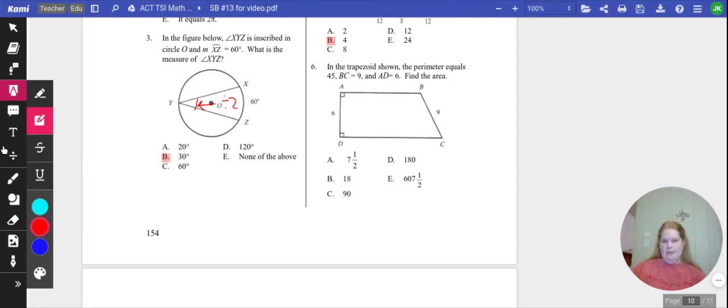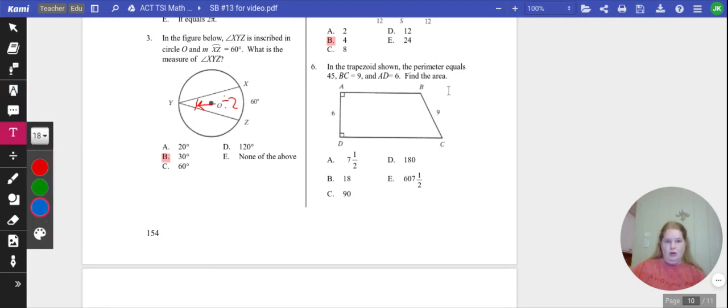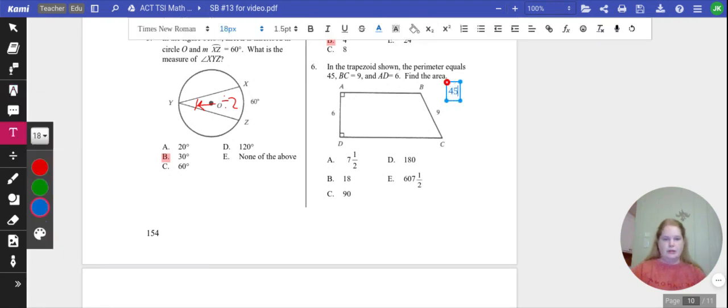Okay. So now I'm going to do some thinking. The perimeter, that's all the sides added together, is 45. And I already know one side is 9 and one side is 6. That leaves me 30. 45 minus 9 and 6 makes 30 for the two bases.